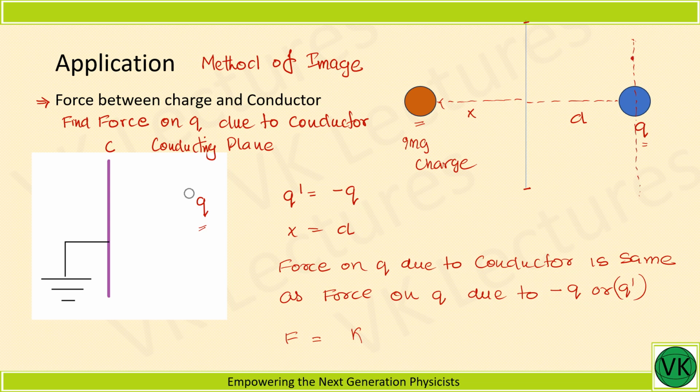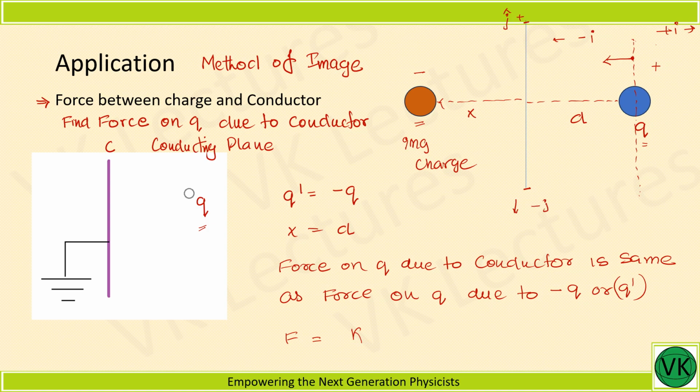Since it is minus and this is plus, this is attractive, that means this charge will be pulling it towards it. Okay, now that means it is in the negative i direction. This is i direction, this is j direction, positive j direction, this is plus i direction, and below it is negative j direction.